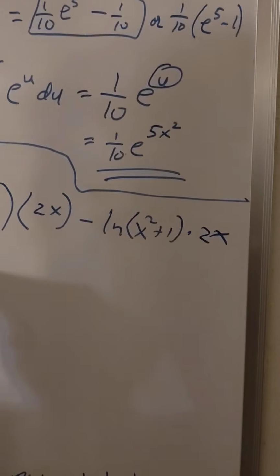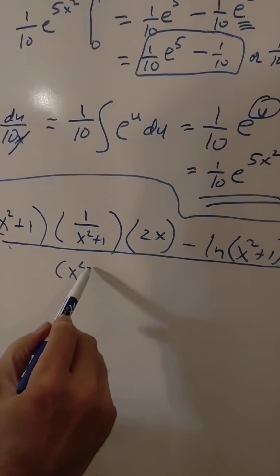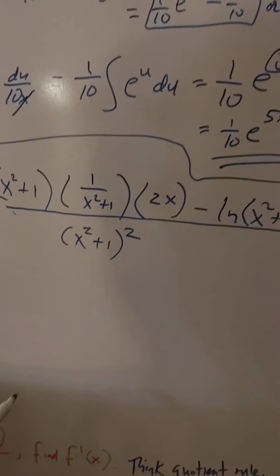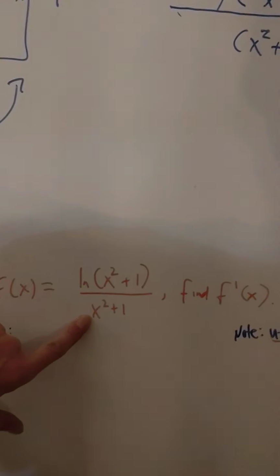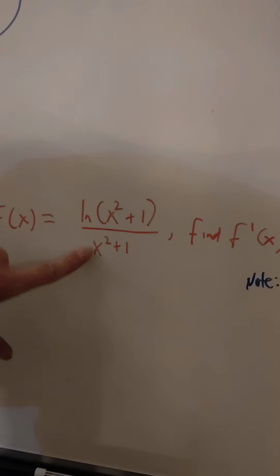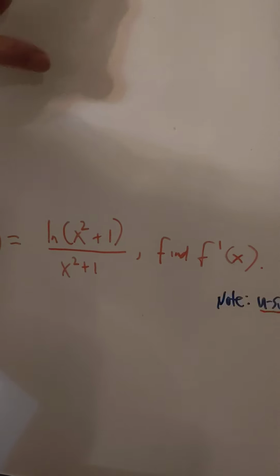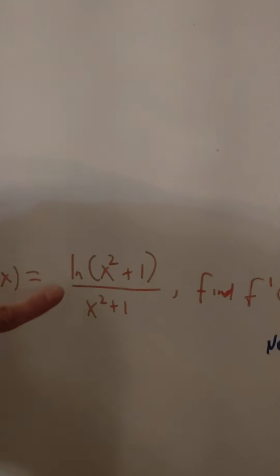And then don't forget to write all over the denominator squared. So the denominator is x squared plus 1, and then we got to square it. So let's just review what I did here. This was our original function. I used the chain rule to find the derivative. So when you find the derivative, make sure you write f prime of x equals, and it's going to be the low. You did the quotient rule.